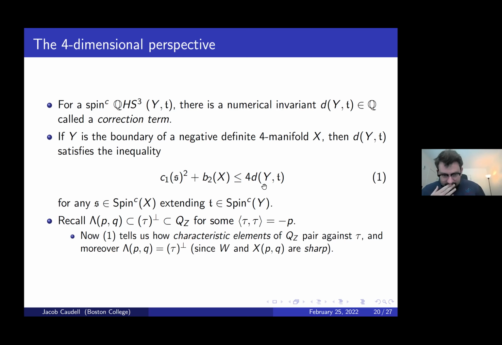It's not just contained in the complement. And we know this, this is just for experts, since W and this four-manifold X_{p,q} are both sharp, which is a technical Floer-theoretic definition. But the important thing is that this inequality 1 really refines our lattice embedding obstruction, because it tells us some really fine information about this vector tau.